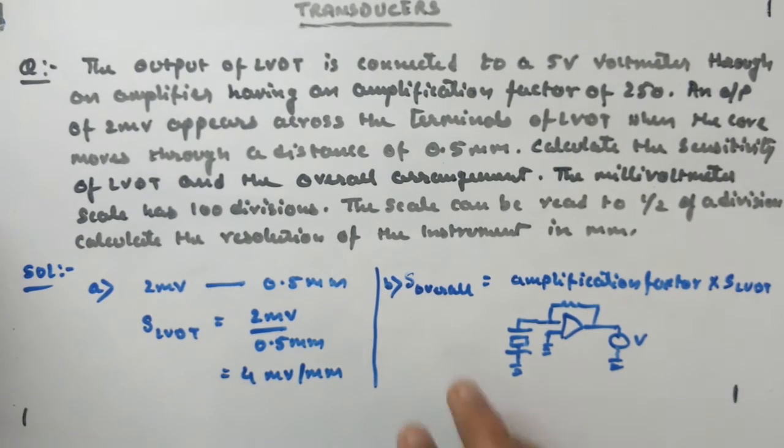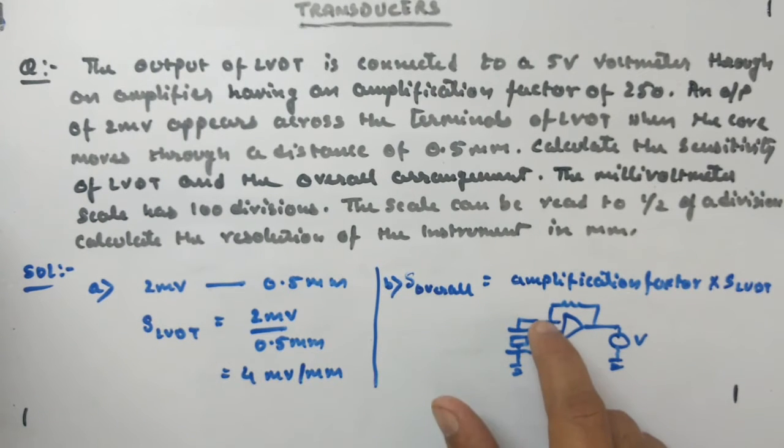In the same manner you can calculate the sensitivity of the overall arrangement as well. The overall arrangement will look something like this. This part is your amplifier, and this is, let's say, your LVDT. The LVDT will take input of displacement of the arm and generate the output voltage.